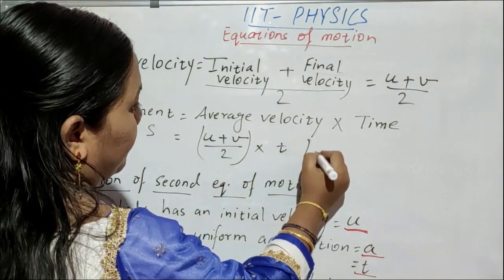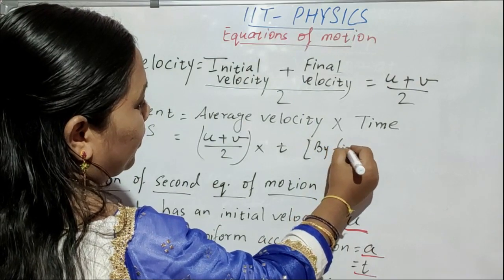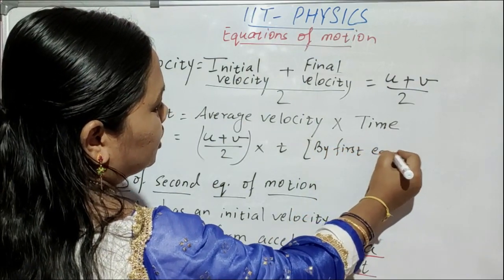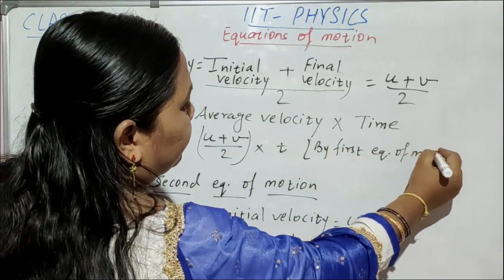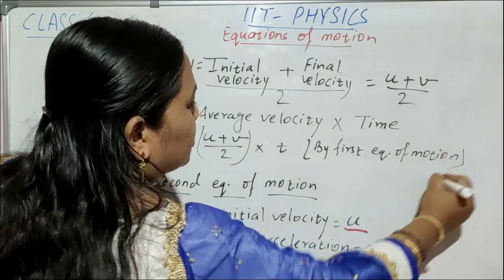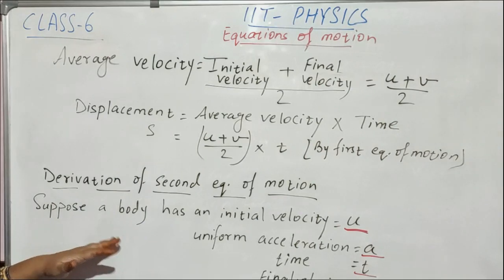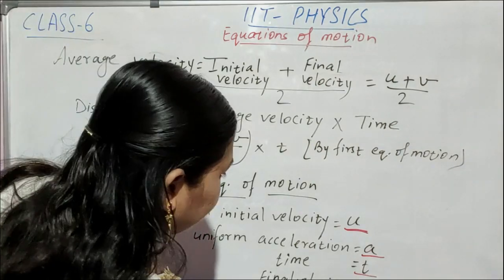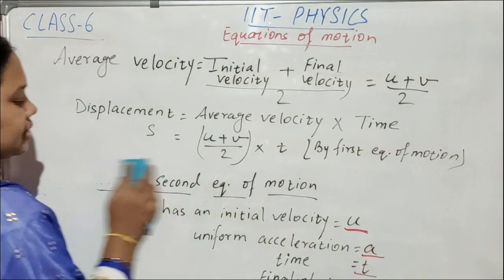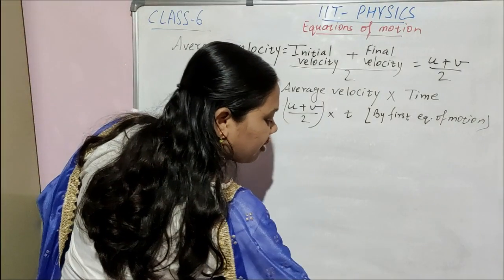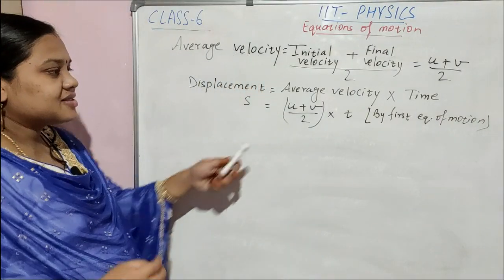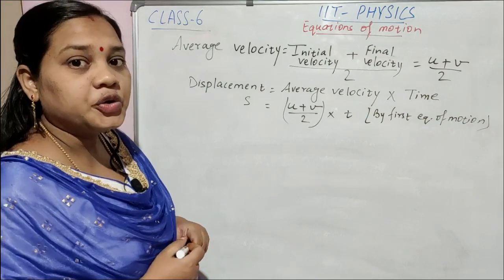Now, by the first equation of motion. I hope you have written this one. Shall I erase this? By the first equation of motion, v is equal to what? v is equal to u plus at.